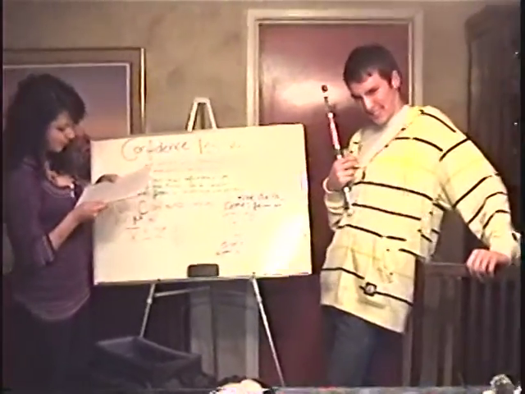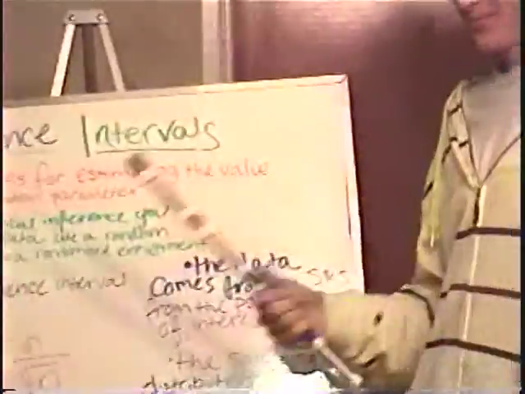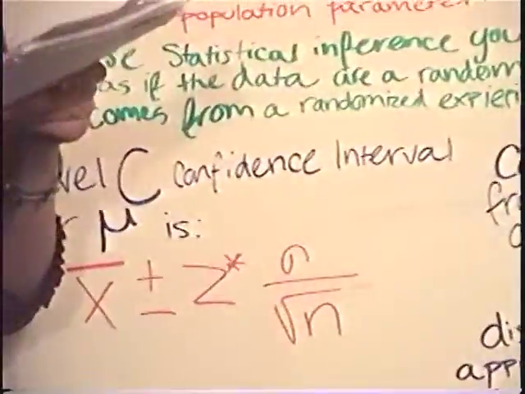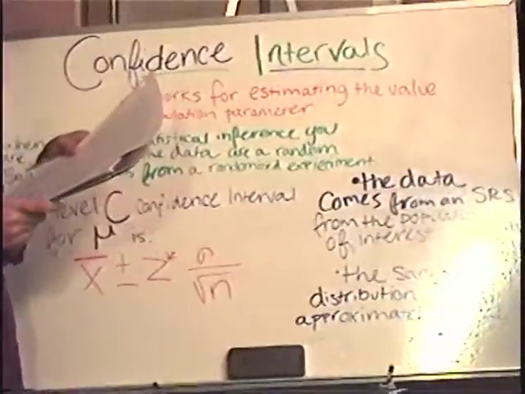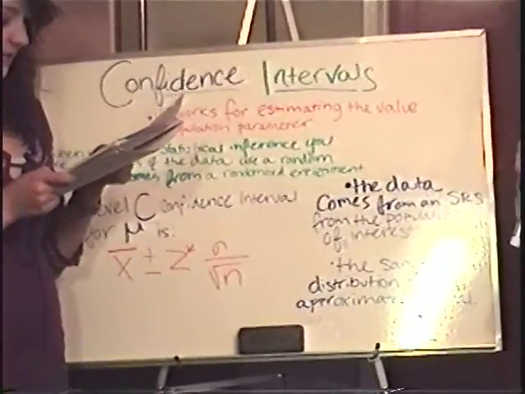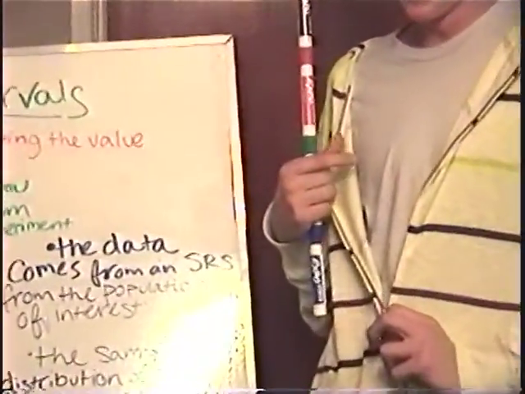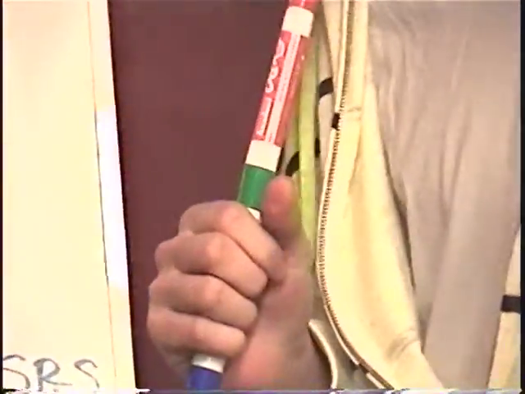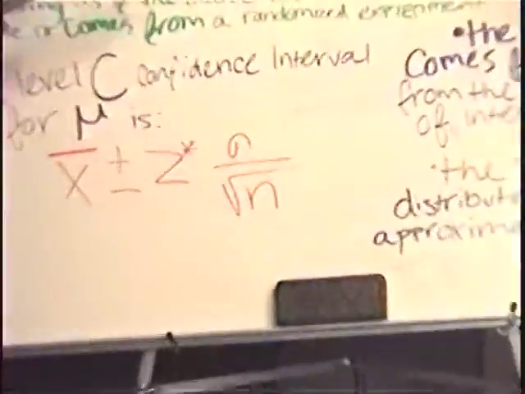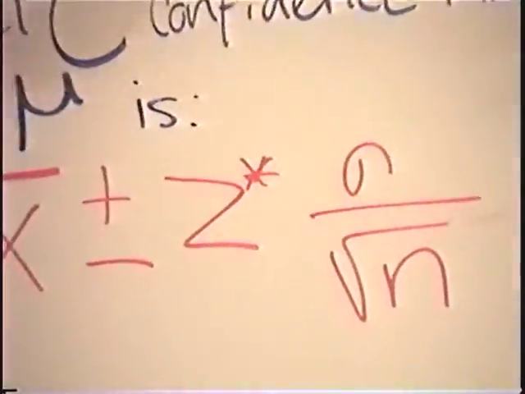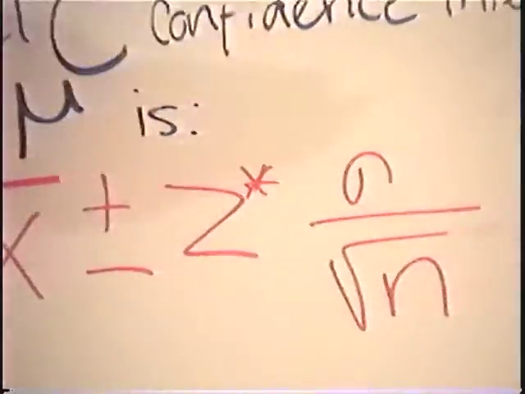The construction of a confidence interval for a population mean mu is appropriate when the data come from an SRS from the population of interest, and the sampling distribution of x bar is approximately normal. The level C confidence interval for mu is x bar plus or minus z star times the standard deviation over the square root of n.